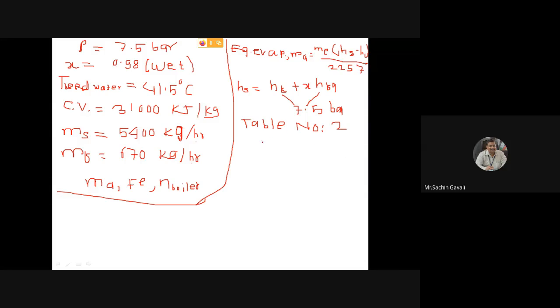Table number 2, okay, at 7.5 bar. HS is equal to, who will tell?